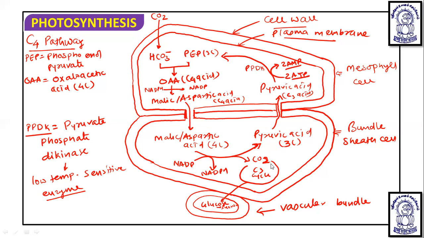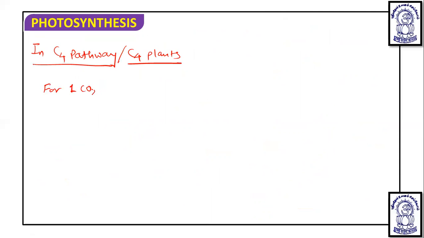Okay, so here if we talk about C4 pathway or C4 plants, for 1 CO2 fixation, 3 ATP of C3 cycle and 2 additional ATP is total 5 ATP, and 2 NADPH2 of C3 cycle are used.